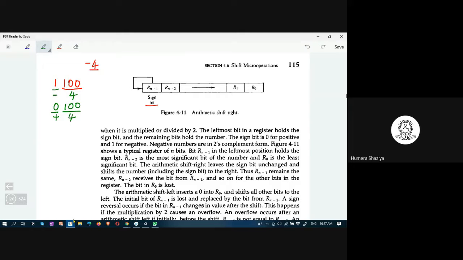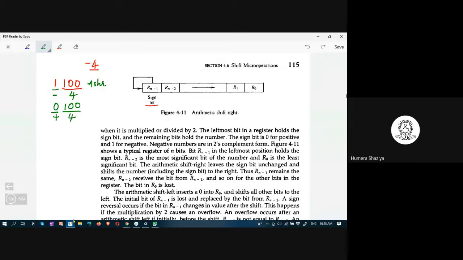If you have to perform arithmetic shift operation, then you have to preserve this sign bit. If it is a negative number, the result should also be negative. So how do you do that? If you have to perform an arithmetic shift right operation on this number, what is this number? This is minus 4. Then what you have to do?